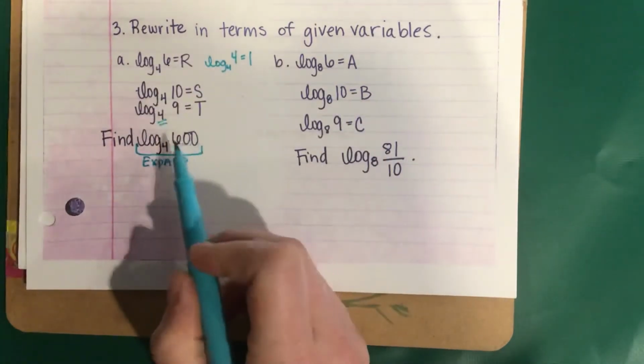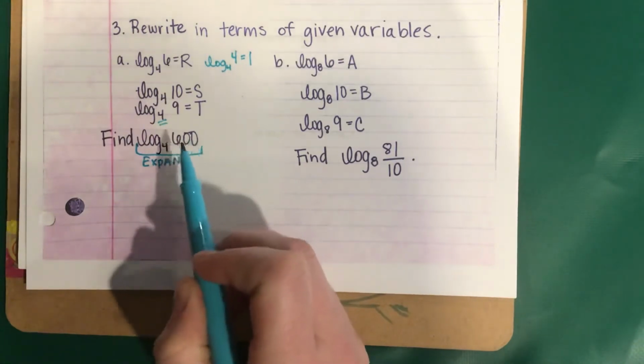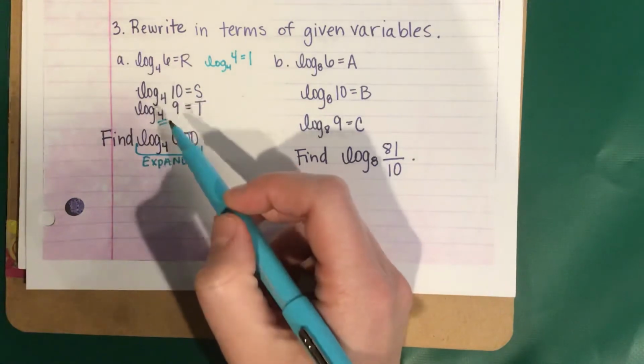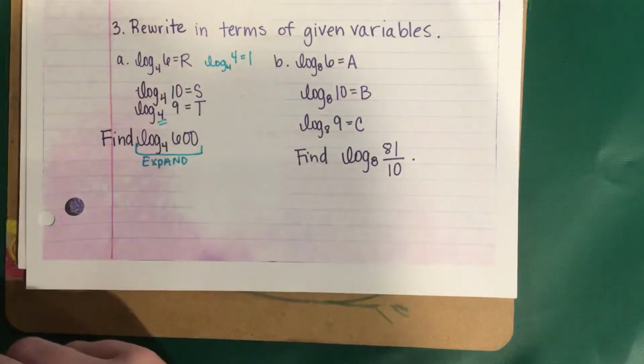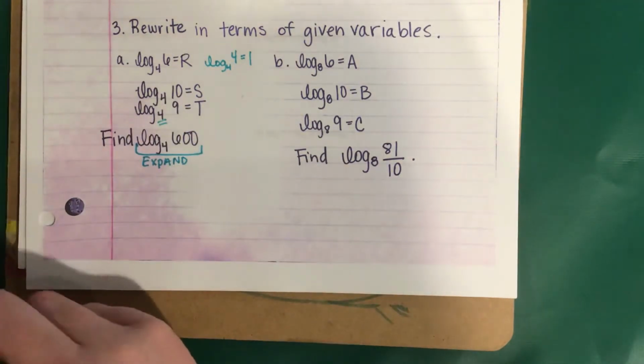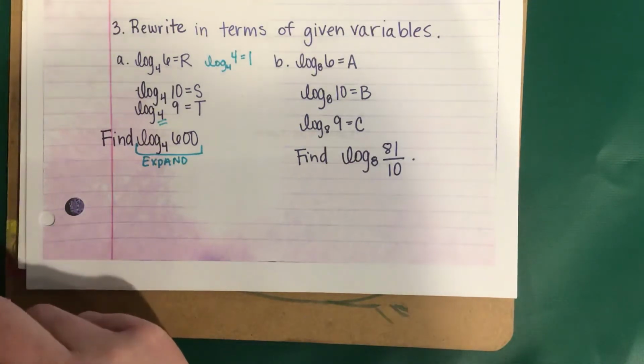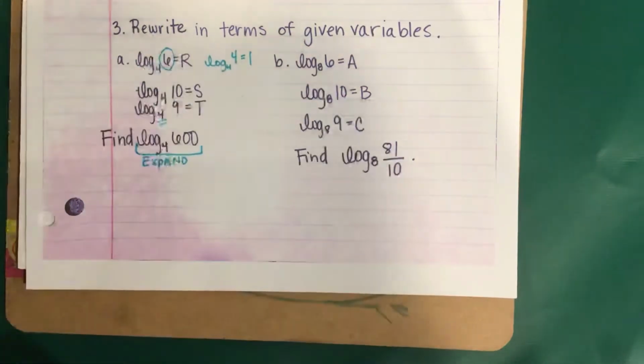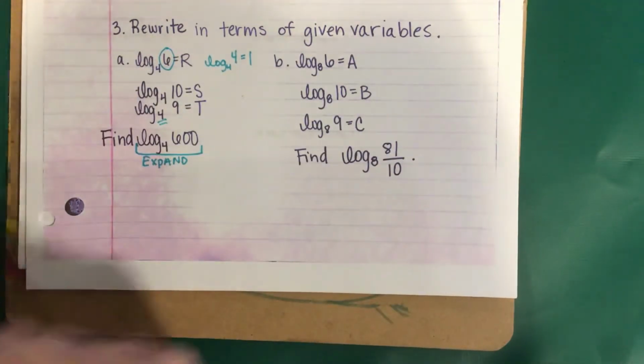Now, I need to figure out how I can get to 600 using 6, 10, and 9. And typically we're just looking at division, multiplication, and powers. So I see a 6 here, and that's what I'm going to start with.